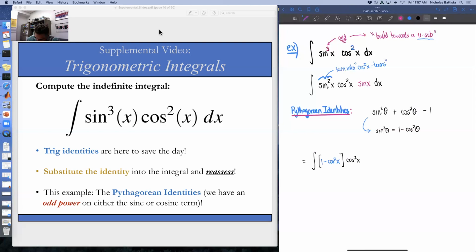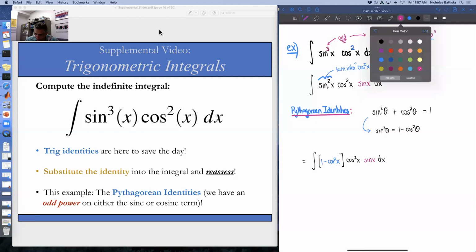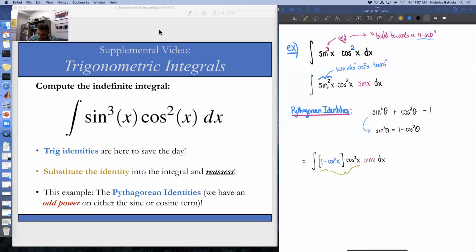And next, I'm going to put that sine of x term that we left at the end of the integral, that we're going to cancel out with a u-substitution in a moment. So the point that I want to make before we go ahead with that u-substitution is that everything in this integral is in terms of cosine, except for this last term, which is the only sine of x in this integral still.